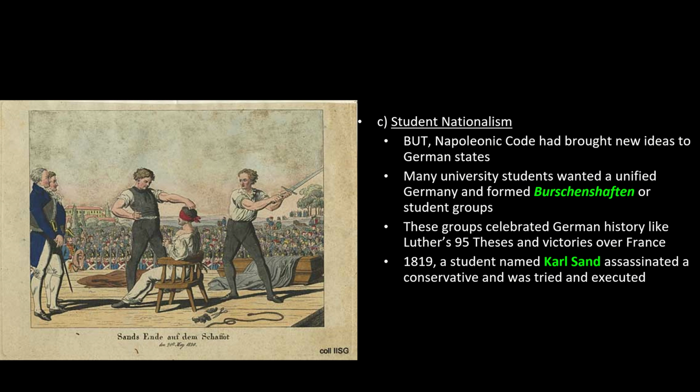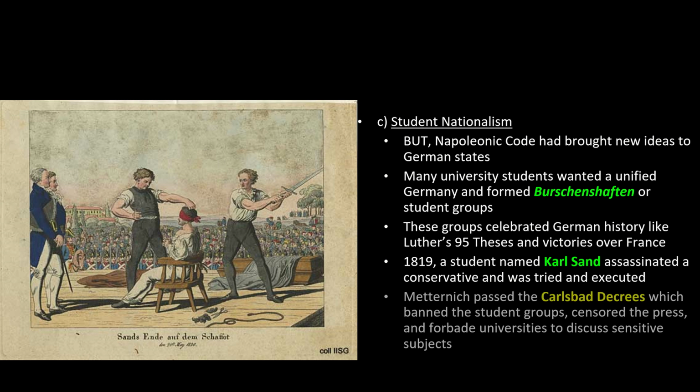Well, this student, Karl Sand, gets tried and executed in public, as you can see from this picture here, getting ready to get his head chopped off from the back. Now, Metternich, remember, guys, the guy in charge of Austria, used Karl Sand's assassination of a conservative leader as an excuse to pass what were called the Carlsbad Decrees.